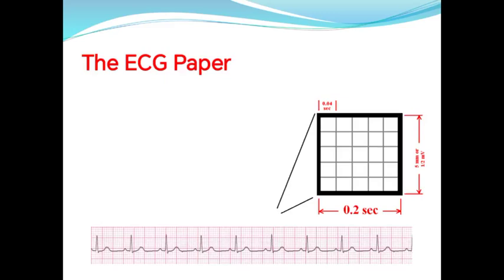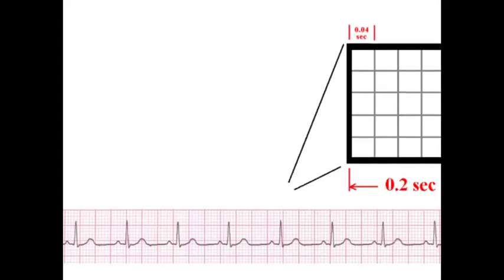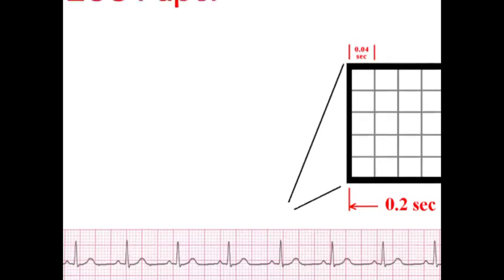Here, on the ECG paper, I have one big square. If we magnify this one big square, it is divided into 5 small squares.